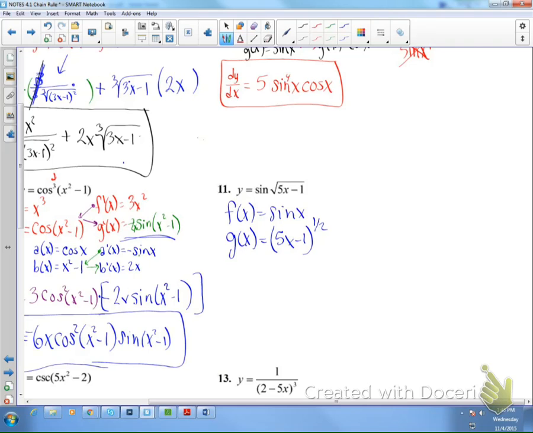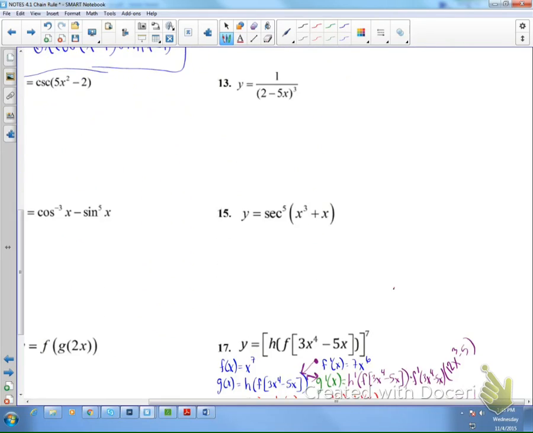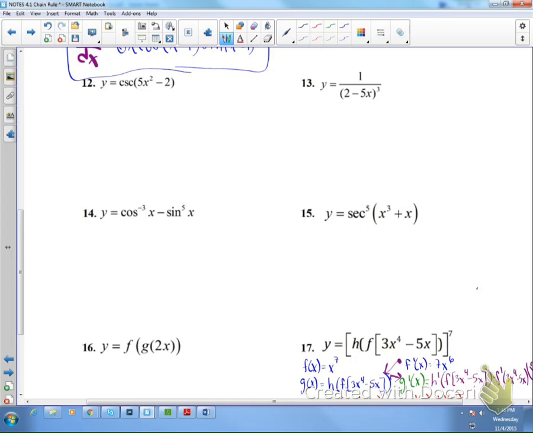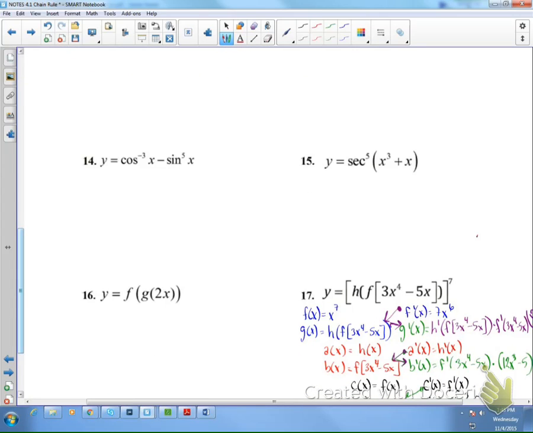For 14 then, that has both cosine and sine, would you have to use product rule for that, or which one would be the f? Well, you're going to have to do a chain on them separately. Just do two separate chains. So the first one you could label f of x, but what would your outer function be for a cosine to the negative third? It's a polynomial, x to the negative third, and g of x is the inner function cosine x.